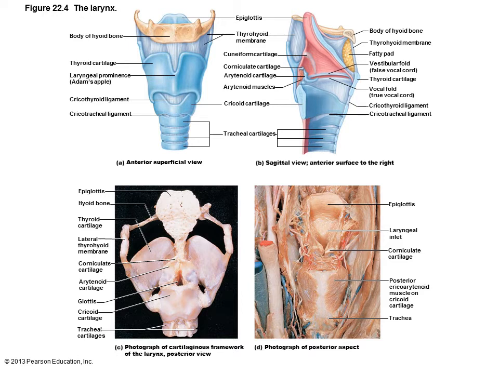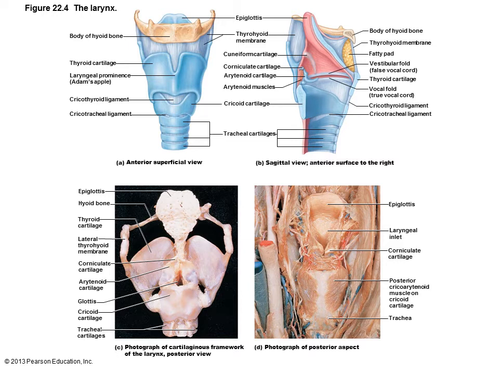Thyroid cartilage exhibits a laryngeal prominence, which we call the Adam's apple, and there are the ring-shaped cricoid cartilage and paired arytenoid, cuneiform, and corniculate cartilages.